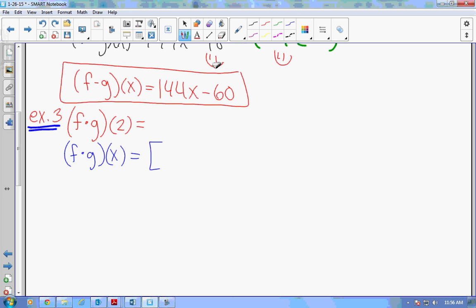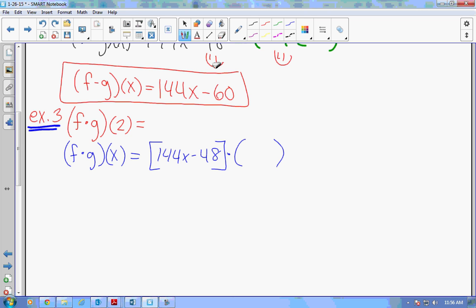When you're timesing, though, you have to take everything. The f function, what's the f function? 144x minus 48. That has 2 pieces to it. So you either need to put it in parentheses or brackets, some form of grouping. All of that is going to be times by all of g.